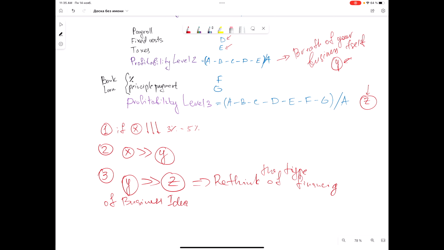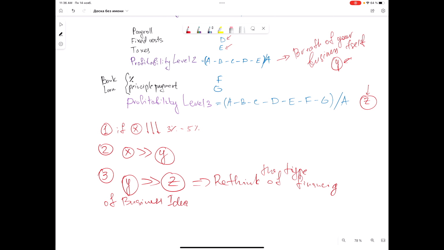And in the majority of cases, they start rethinking their business concept to avoid, for example, a bank loan. They are focusing on business partners search, because this way allows you to keep the profit inside the project.